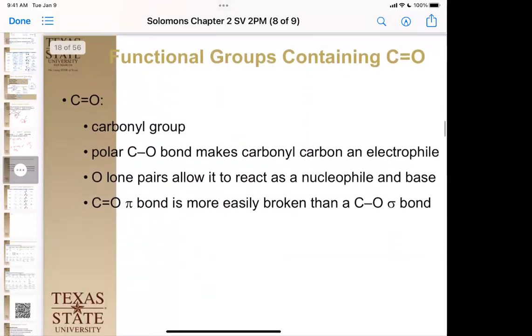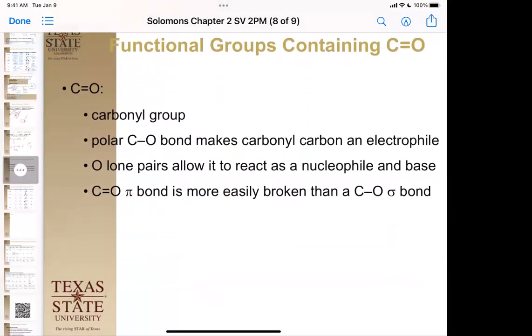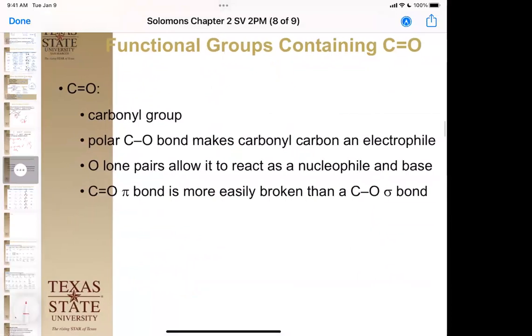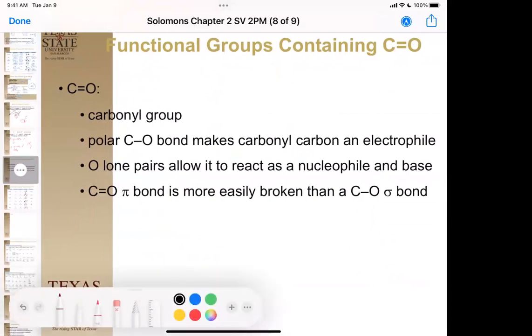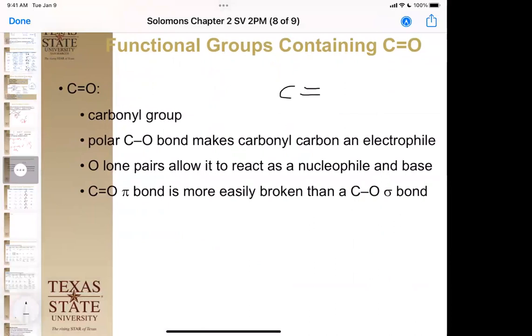So the next functional group I want to talk about is the carbonyl, which is the C double bond O. So I'm going to draw it here, C double bond O. I'm going to put lone pairs over here. And usually there's 2 other things bonded to this. So I'm just going to put R's here just to show you that carbonyl there. So first and foremost, what is the hybridization of the carbon in this structure?